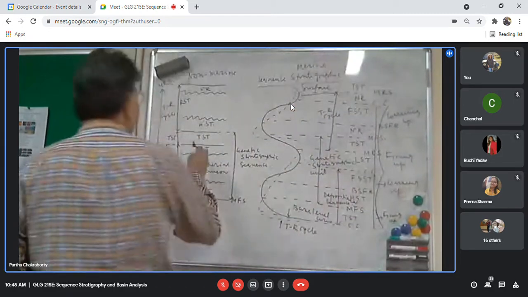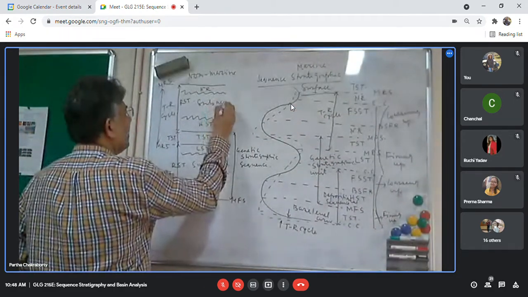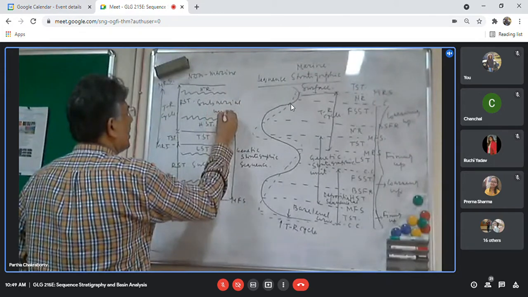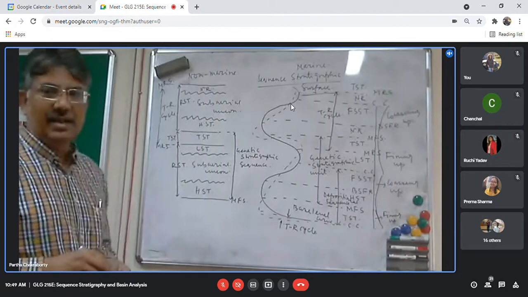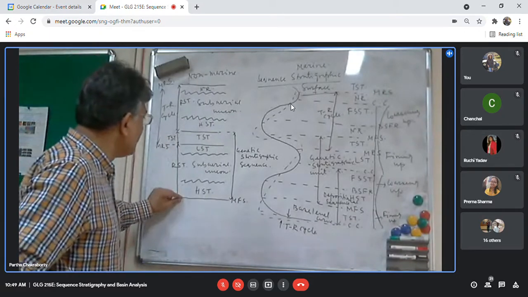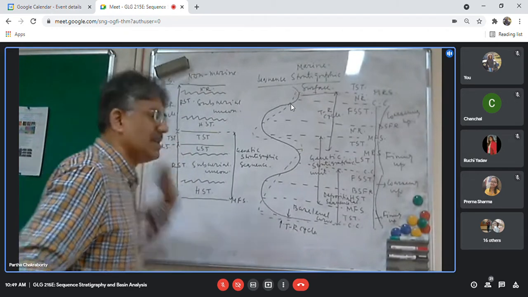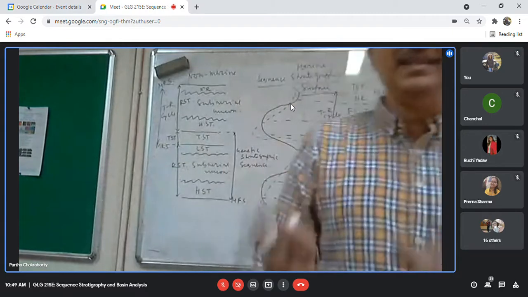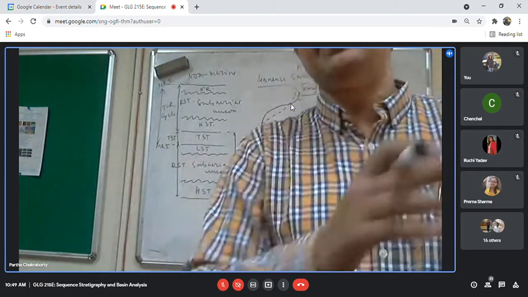Again, you have an LST, a TST, and then a subaerial unconformity. So in the non-marine case, you are basically getting a TST and an RST. From HST to LST, everything comes in the regressive system. So instead of LST and HST, we talk about the RST and TST.